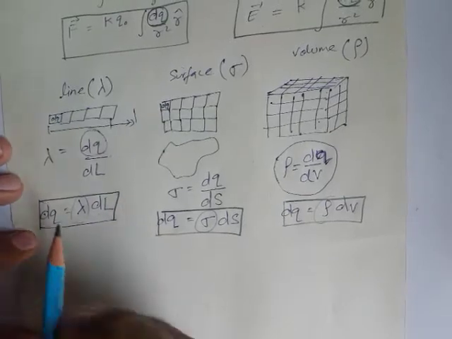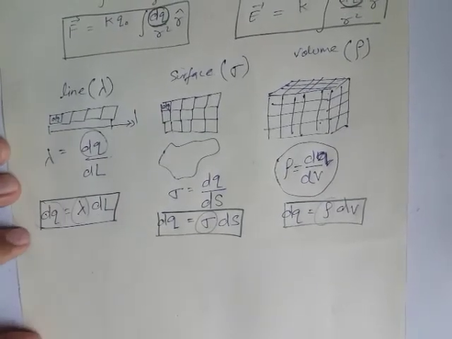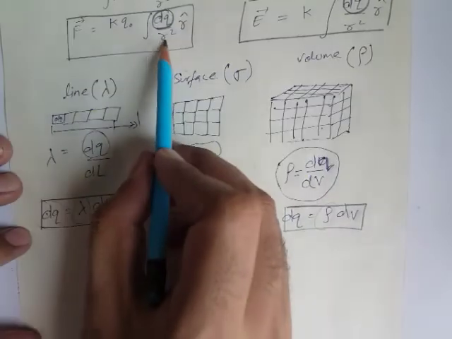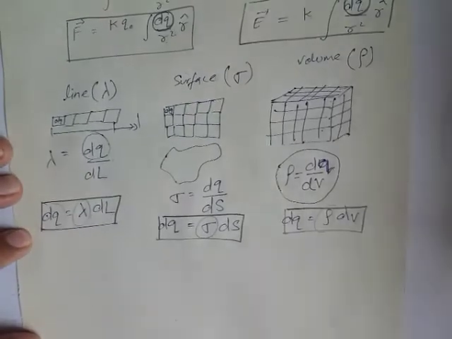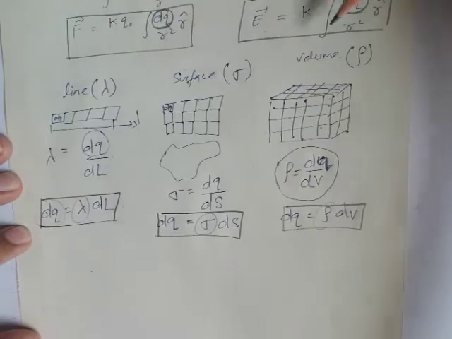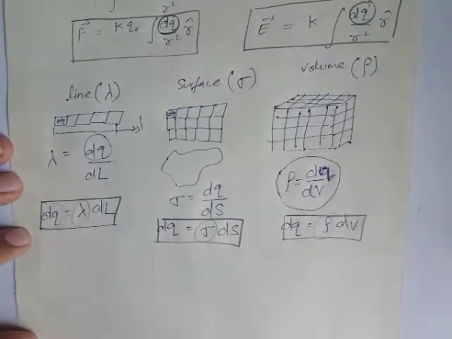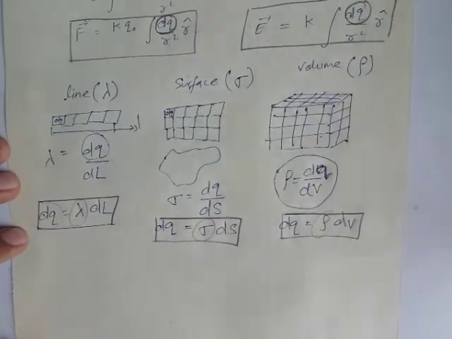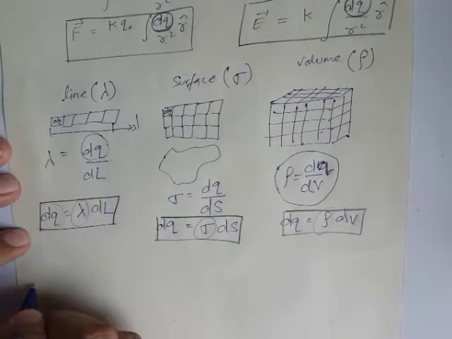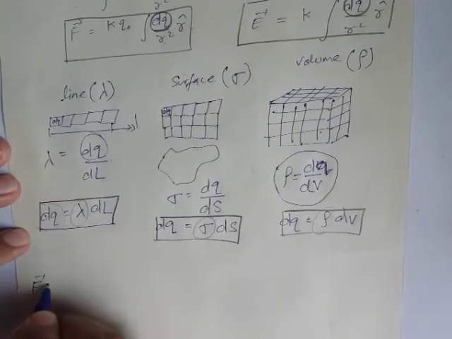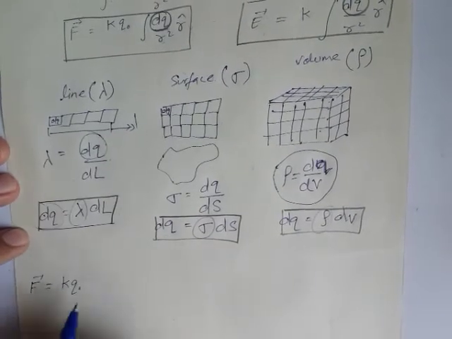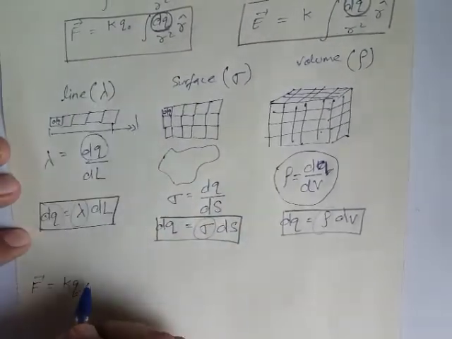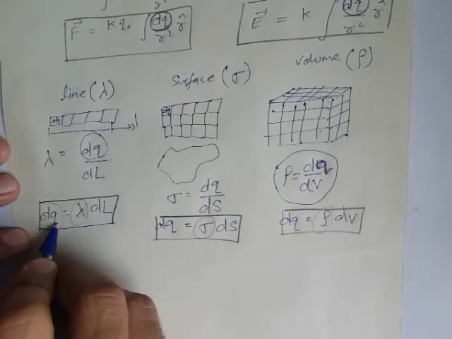Now we need to place this dq accordingly in the above formula. Same way we will get the electric field in this and in this. Okay, let's see it, and we are going to derive that formula. So if we need to find the force for a continuous charge distribution, we will get K q naught, and then here is the integration, and instead of dq we will replace this value.